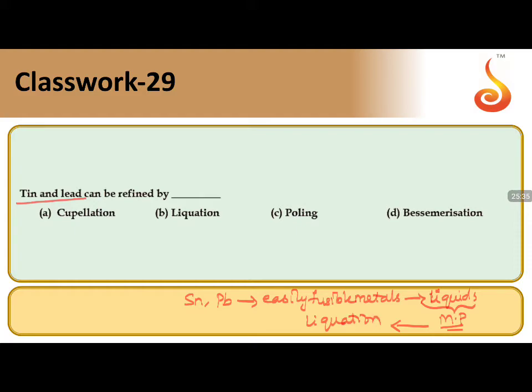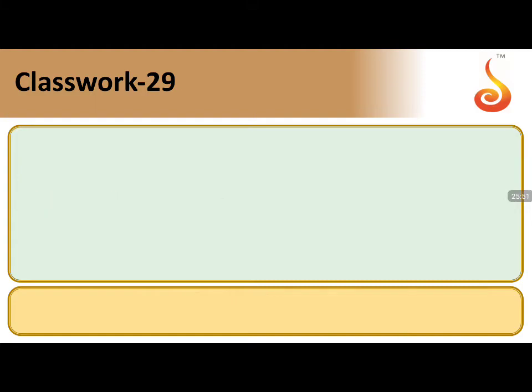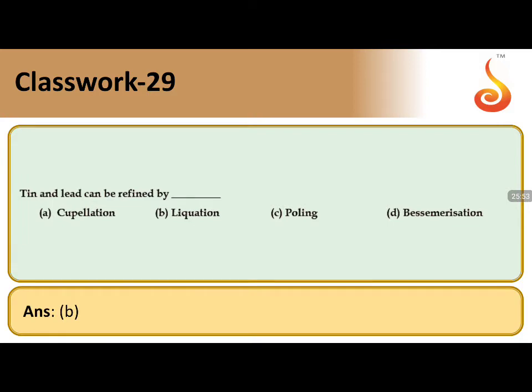So tin and lead can be separated easily by the liquation process. So the answer should be option B.